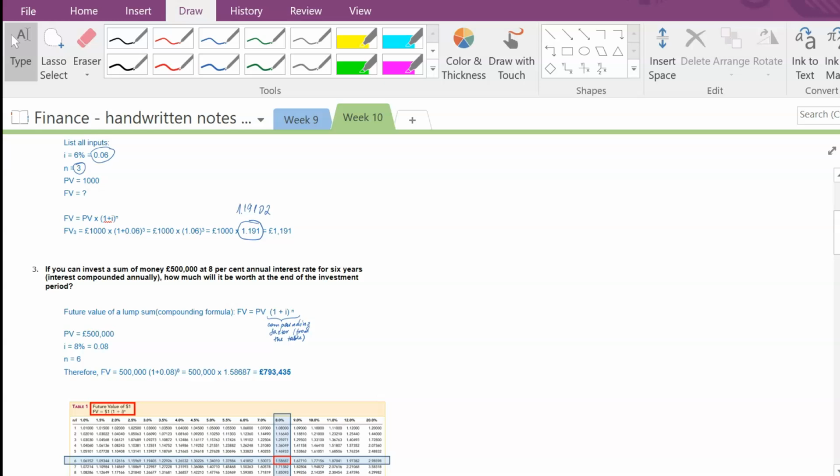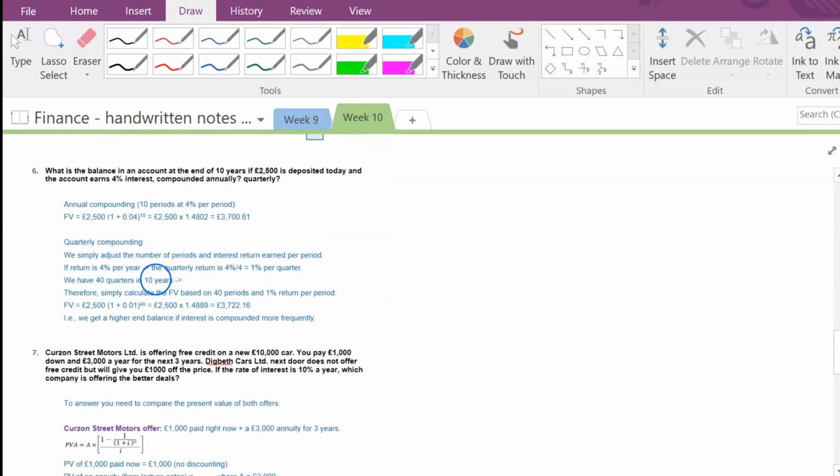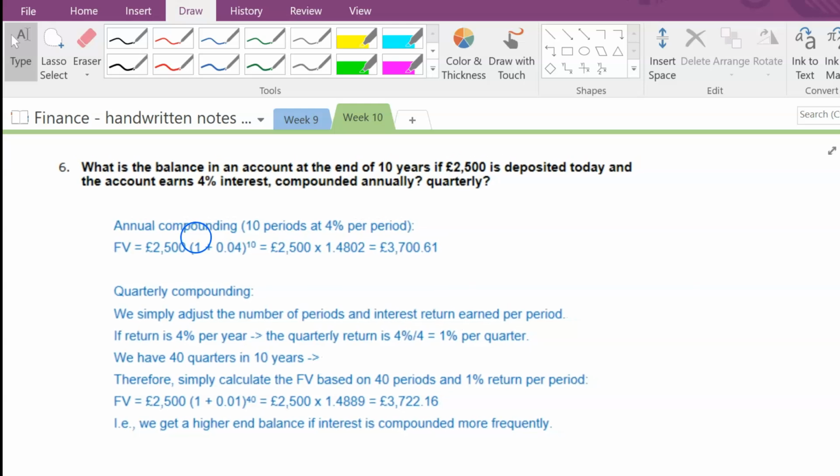Okay, let's skip 3 for now. I want to do exercise 6. If we'll have time, we'll come back to this. Here, this exercise focuses on a slightly different thing. If we compound annually or quarterly. If we compound it annually, we apply our normal formula, 4% during 10 periods, and we will get 3,700. This is the difference between annual and quarterly compounded. What will be the result if your interest is compounded quarterly or monthly?